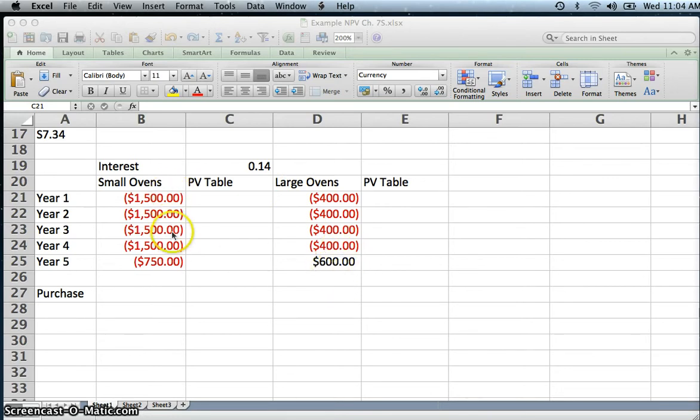So I actually have entered these in the way I have. So this is a negative 1,500. And that's important to do when you're doing net present value, to recognize inflows and outflows. In this case, this is an outflow. And we can actually build in there the inflow. So yeah, it costs us $400 in year 5, but because we got 1,000 back, we're actually up an inflow of $600.